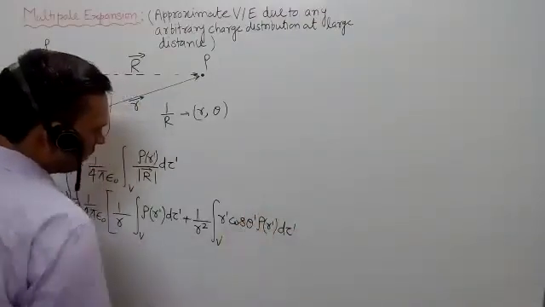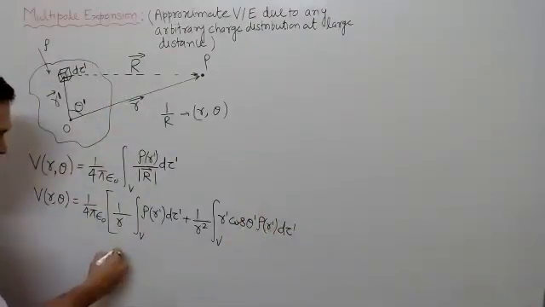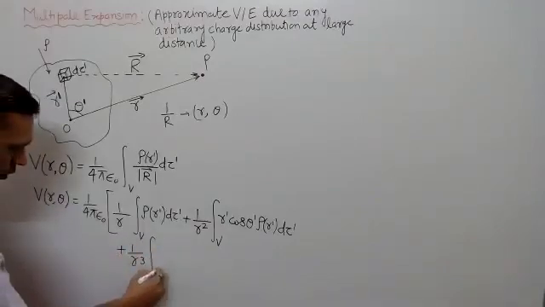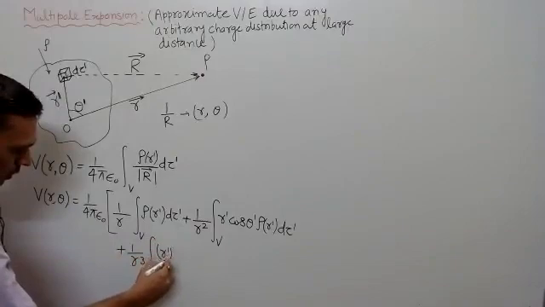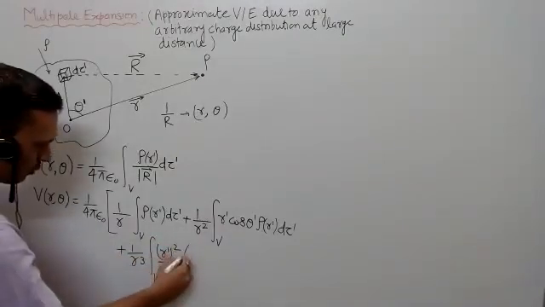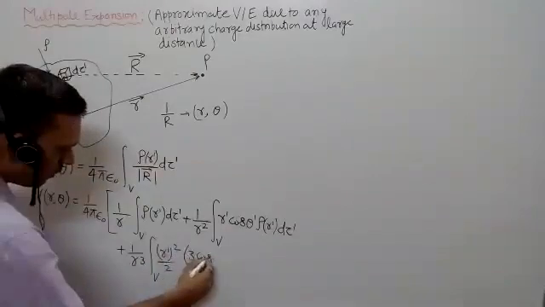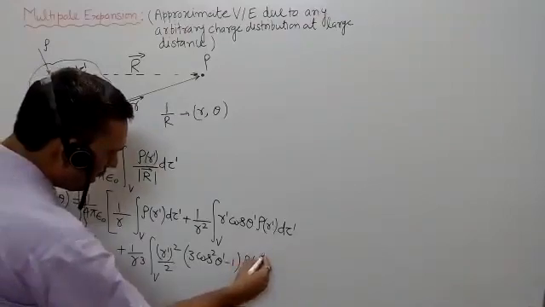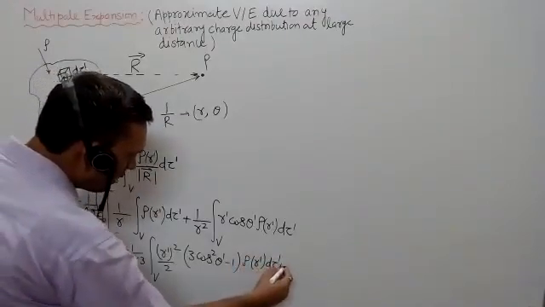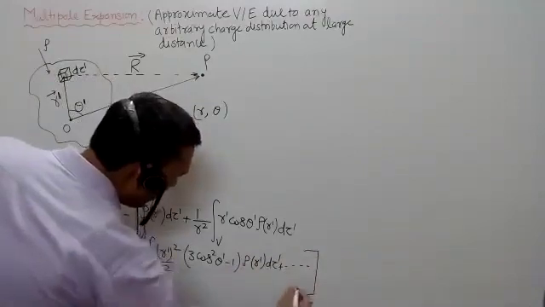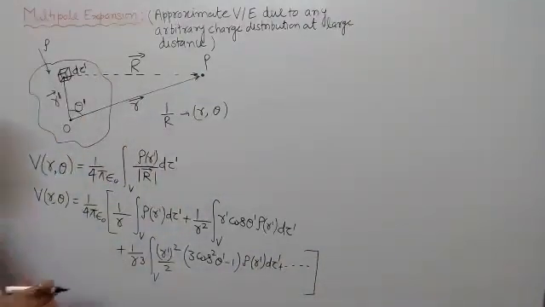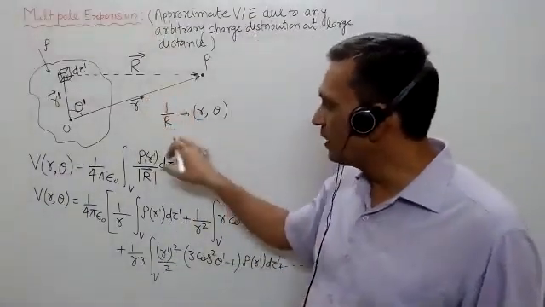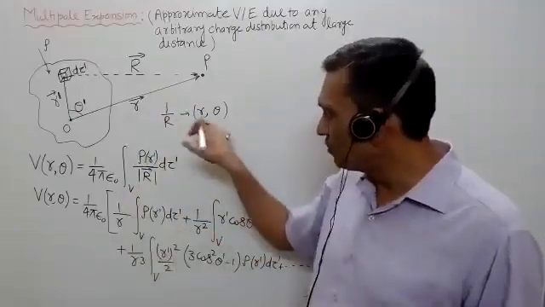Then you have the third term, 1 by r cube volume integral r dash square by 2 times (3 cos square theta dash minus 1) rho of r dash d tau dash, and so on. You have infinite number of terms. In multipole expansion, you have to remember these terms only.